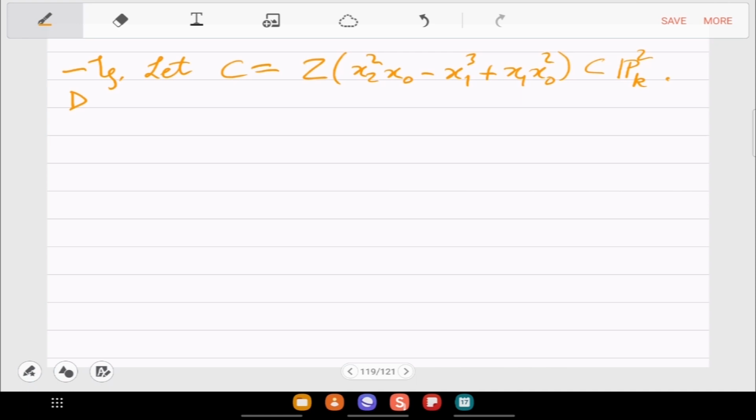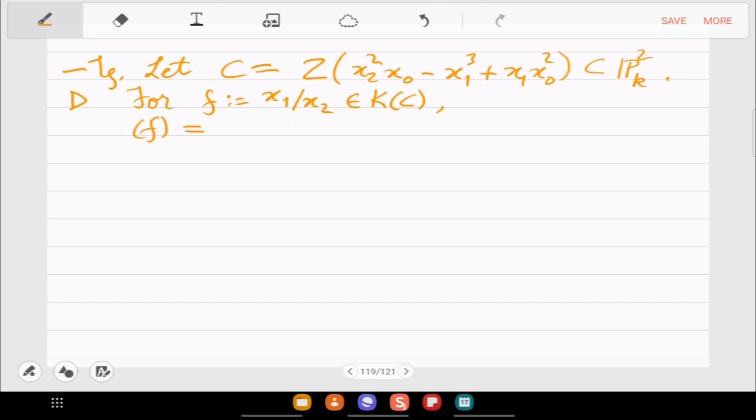Let's look at the function x1 over x2. So what is the principal divisor of this function? You have to basically find the zeros and the poles and their multiplicities.